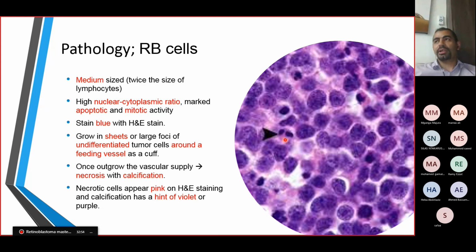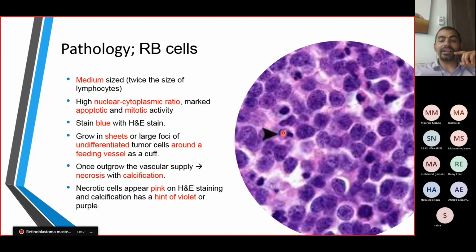This is called hyperchromasia, and also increased mitotic figures. So you find that this cell is going as if it's going into mitosis. Those are features of malignancy. When you find them, this is mostly a malignant cell.